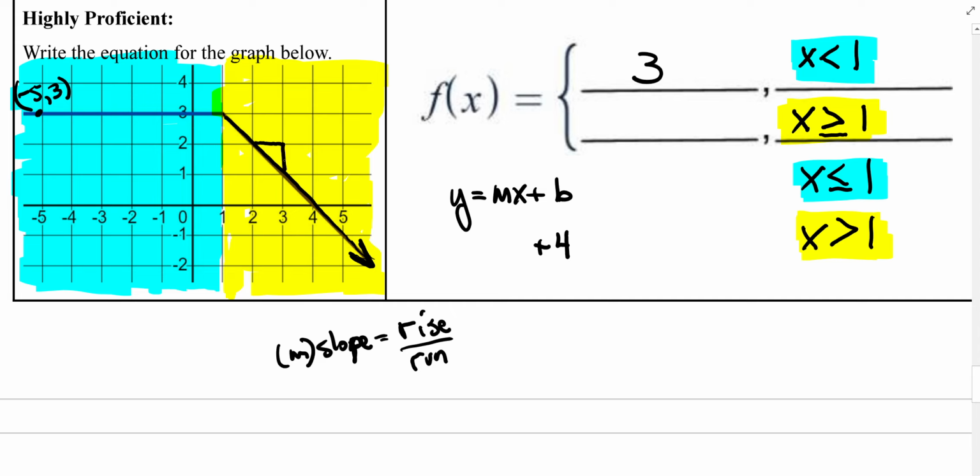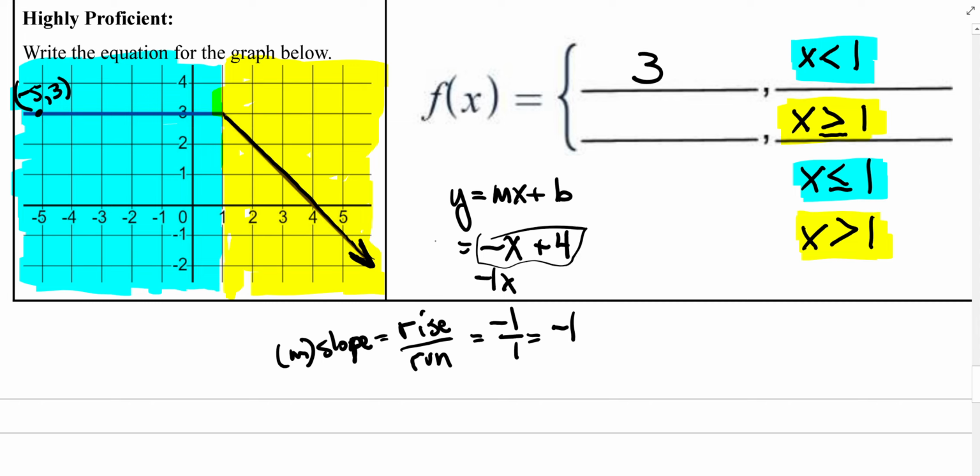So that's negative 1 over 1. And so then I can say that my slope, negative 1 over 1, is negative 1. And so I've got negative 1x, which is the same as negative x, so I like the simpler version.